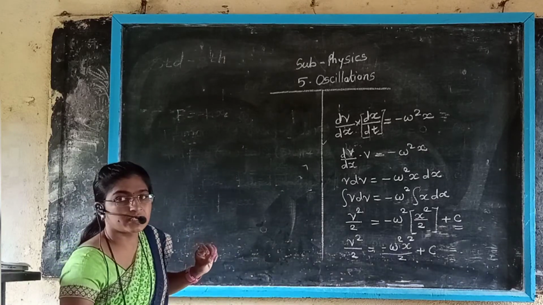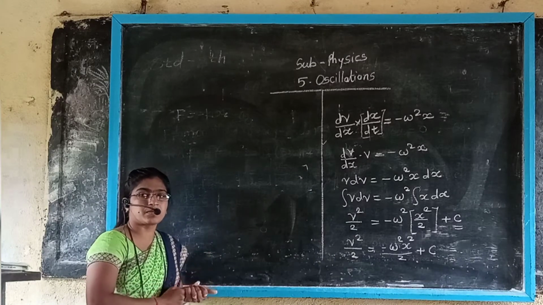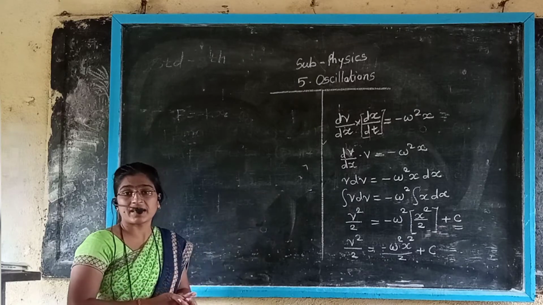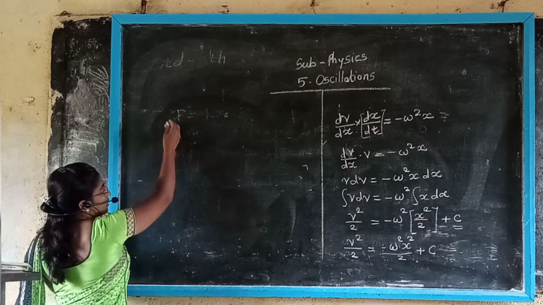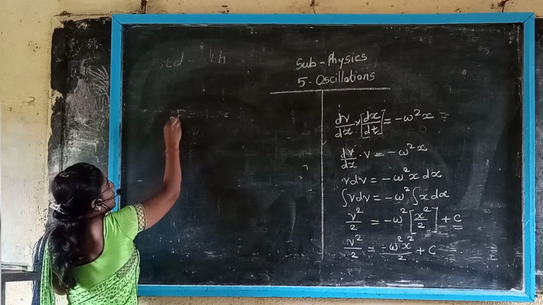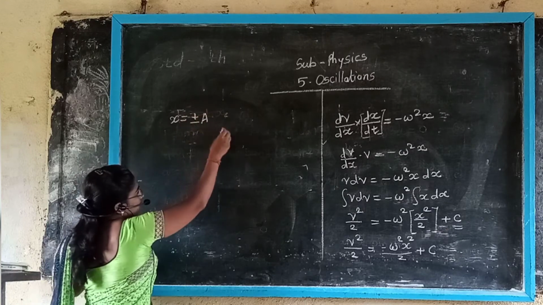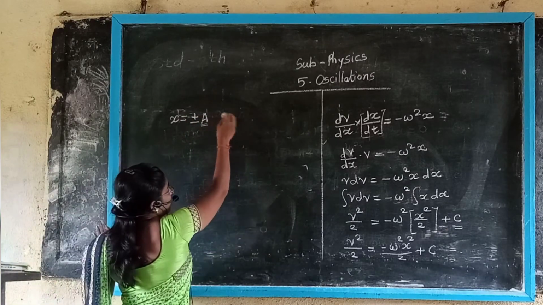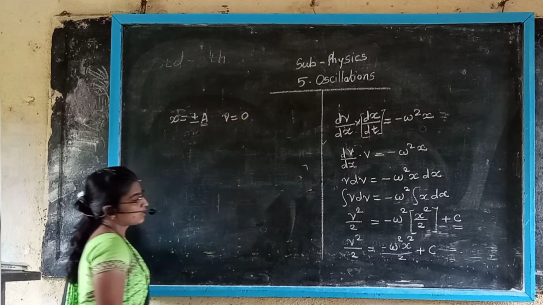In this boundary condition, we know that when displacement of linear SHM is maximum, velocity is 0. That means if x is equal to plus minus a, the displacement, velocity is equal to 0.